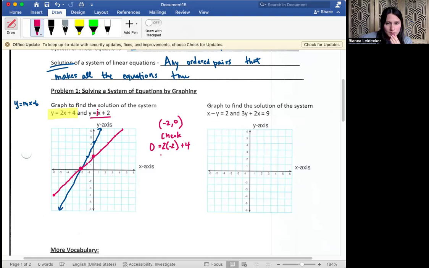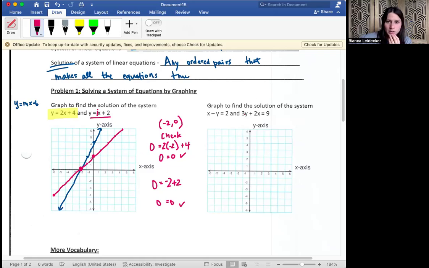And when I solve it, 0 equals 0. If I plug it into the second equation, it's going to be 0 equals -2 plus 2, which is 0. Okay, so both are true, which means this ordered pair makes both equations true. It is the solution for both of the equations.